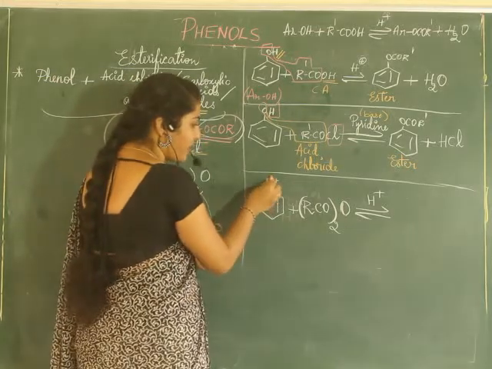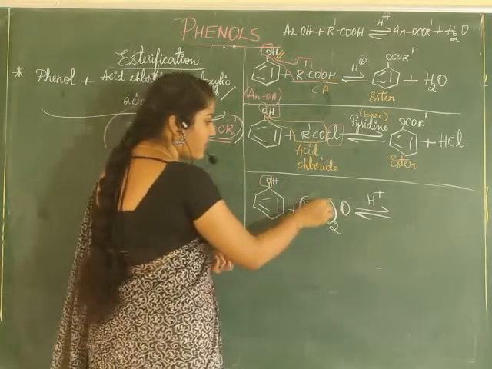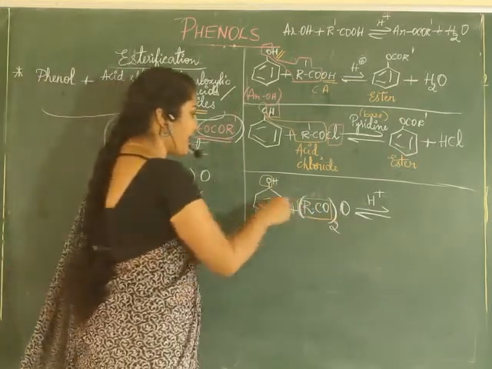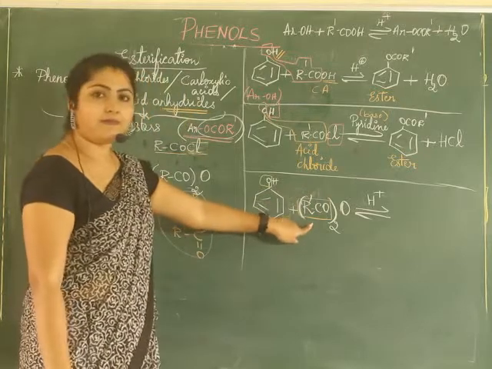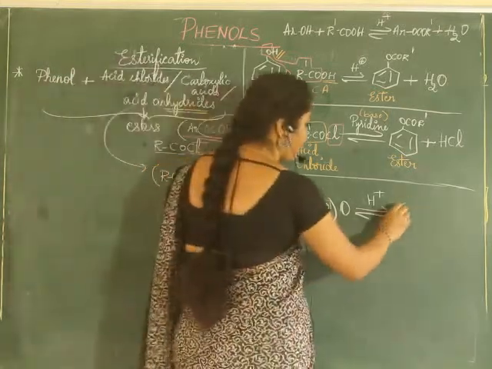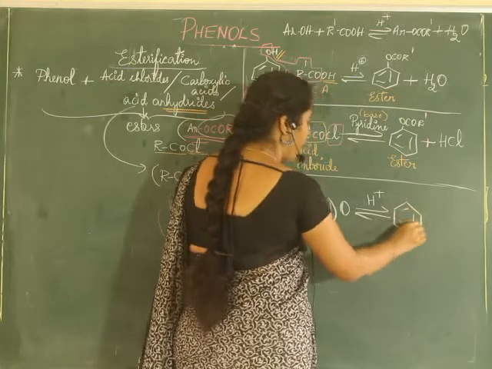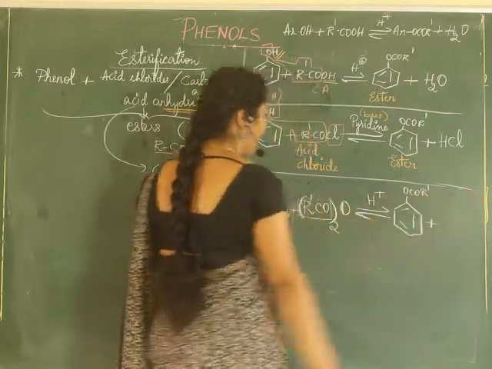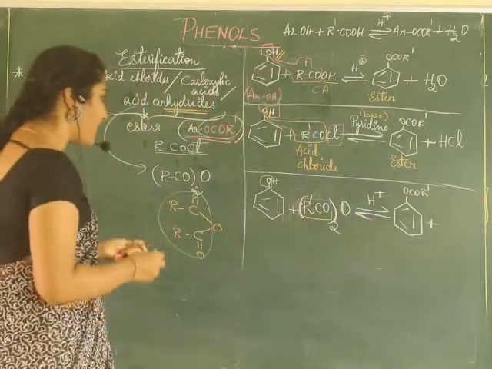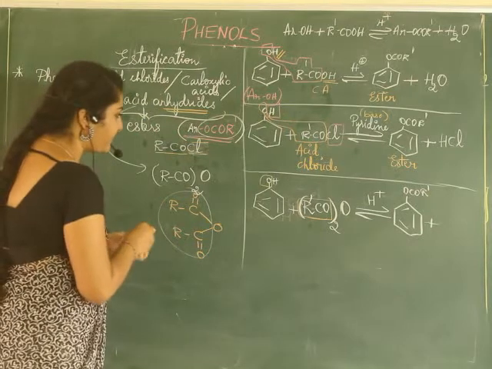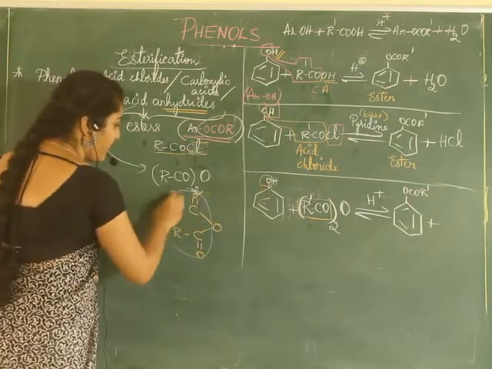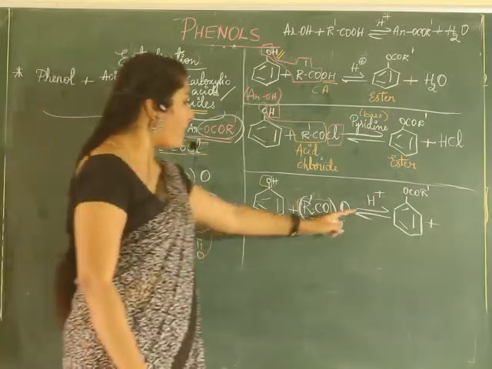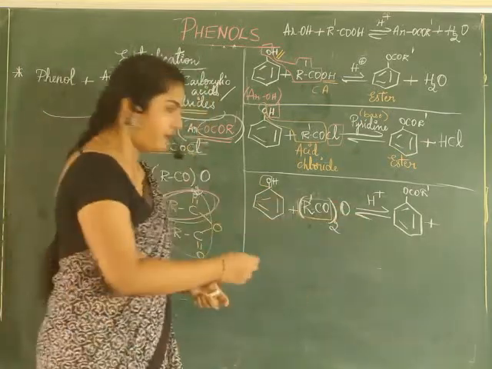Now here, H plus in the presence of acid medium. What has to come and attach here? Already it has O. It wants OCOR dash. Okay, let us take this as R dash. Now it forms the benzene ring with OCOR dash. Ester has been formed. Now what can be the other one? So I'll tell you. Already O was there. CO and R dash has formed the ester here.